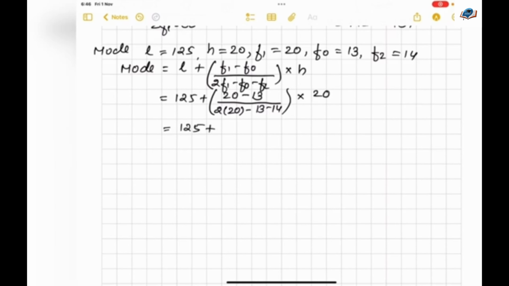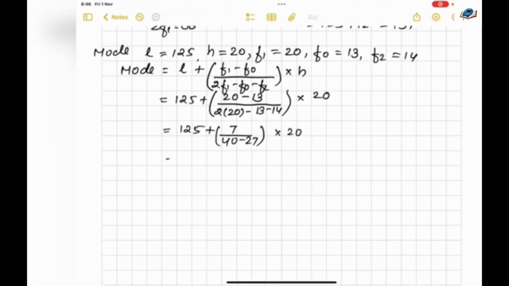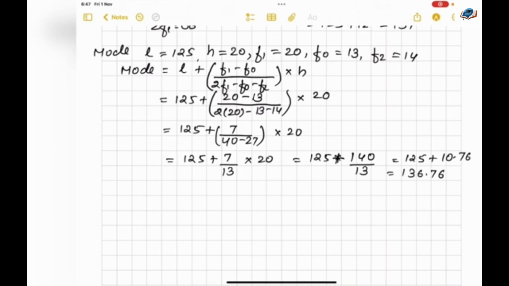So that is coming as 125 plus 7 upon (40 minus 27) into 20. So that is 125 plus 7 by 13 into 20. So that is 125 plus 140 upon 13. So 125 plus 10.76. So 135.76.